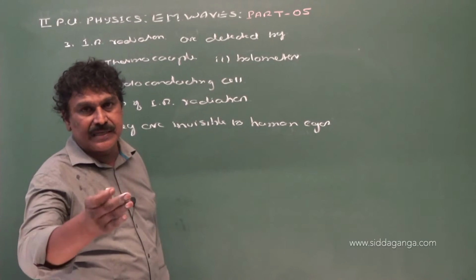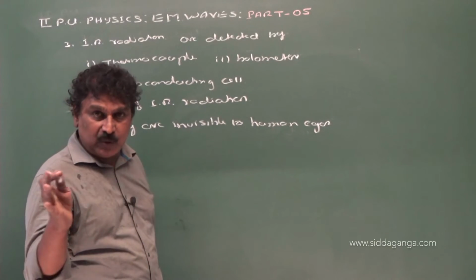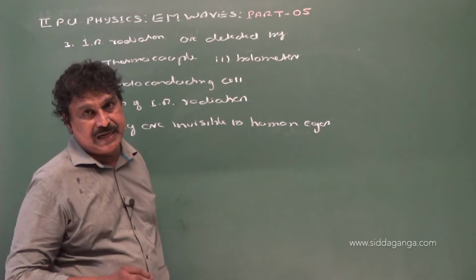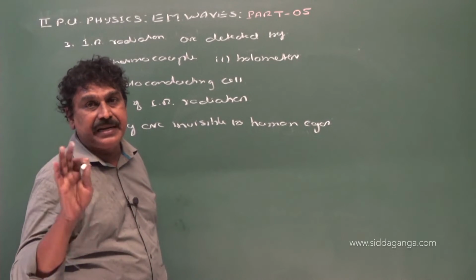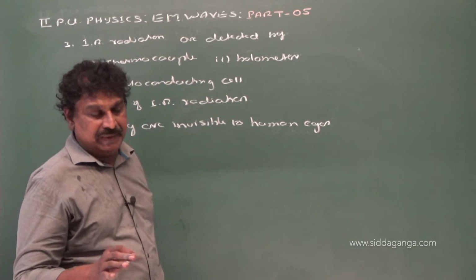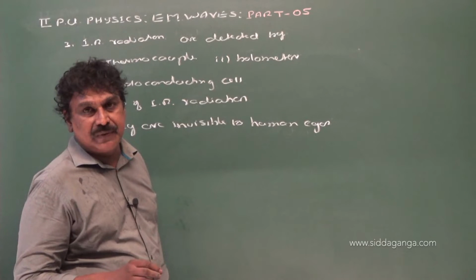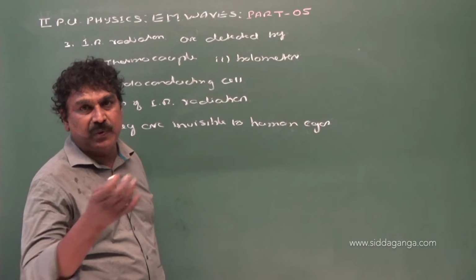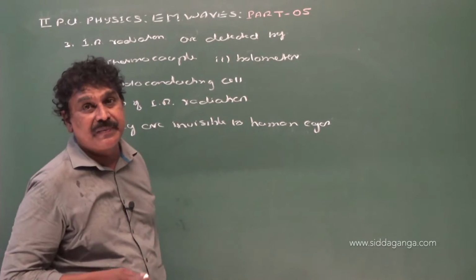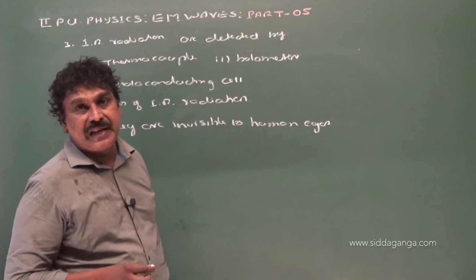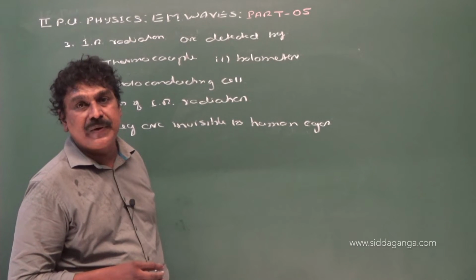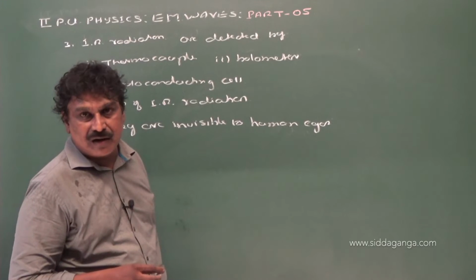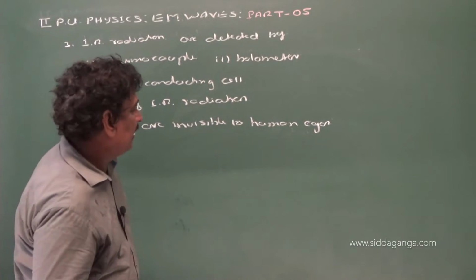The eye is sensitive to only those wavelengths, and of course we know that, right? Here ear is sensitive to sound waves of frequency from 20 hertz to 20 kilohertz. Less than 20 hertz, more than 20 kilohertz are not heard by the normal human ear.